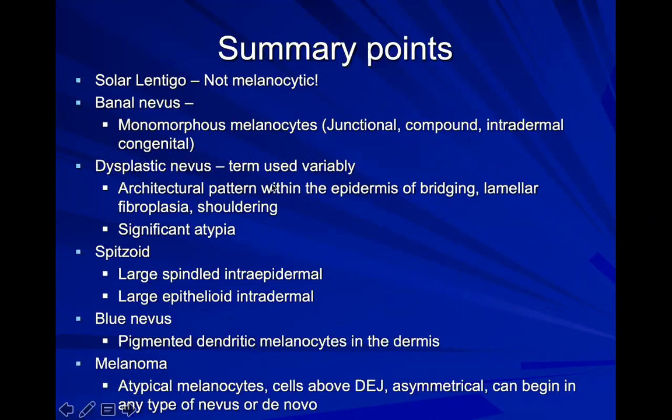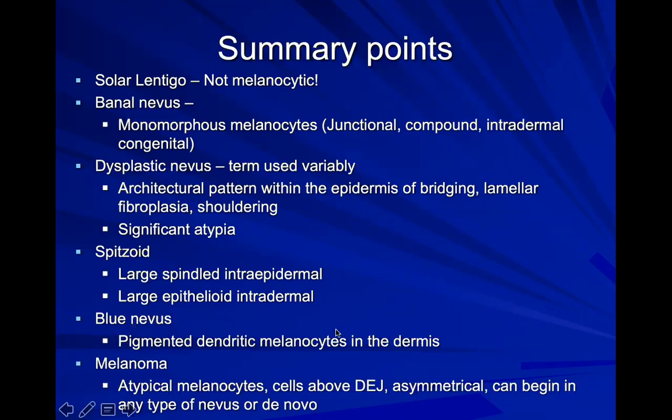The other ones with the shared architecture and no significant atypia should not fall under the term dysplastic nevus. Spitzoid lesions, you have large spindled melanocytes in the epidermis or large epithelioid melanocytes in the dermis, and that's a broad summary of things that fall under the spitzoid category.